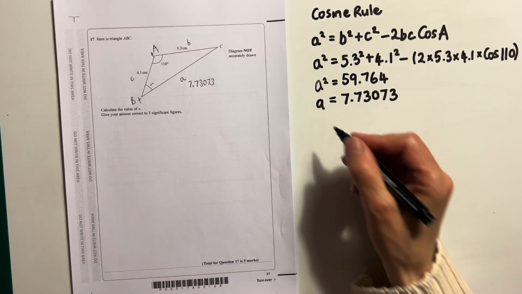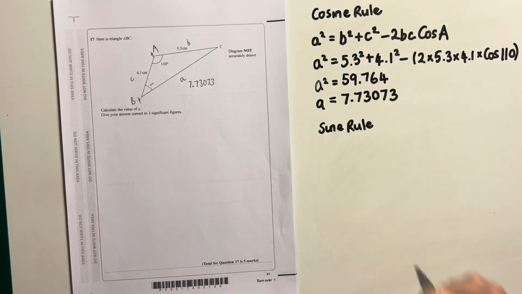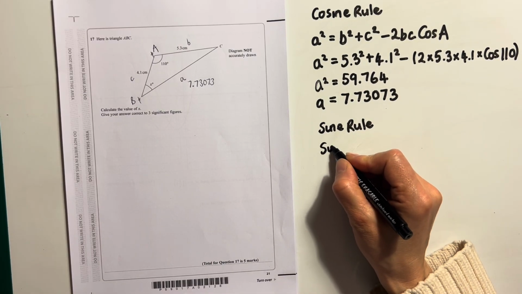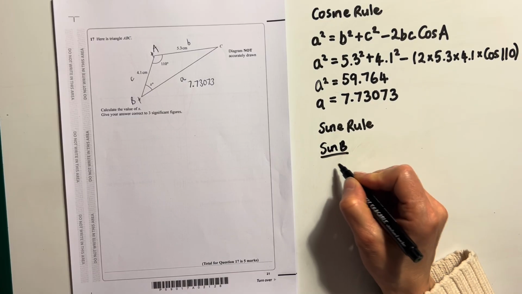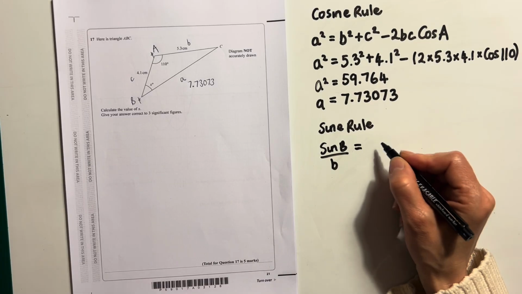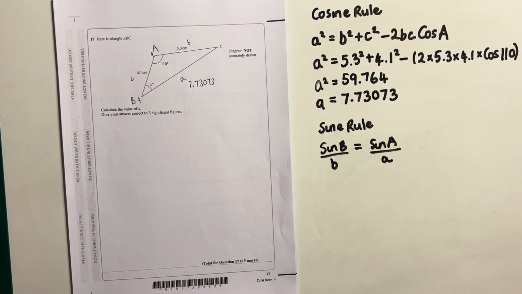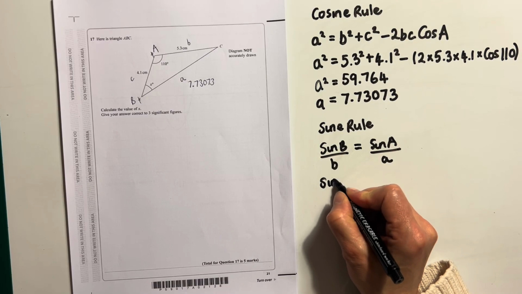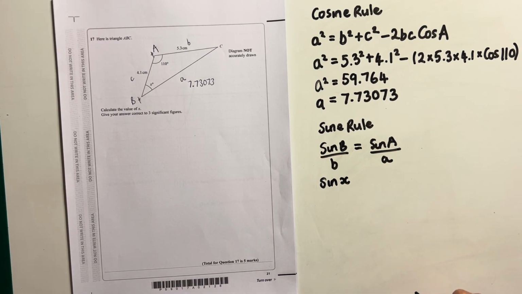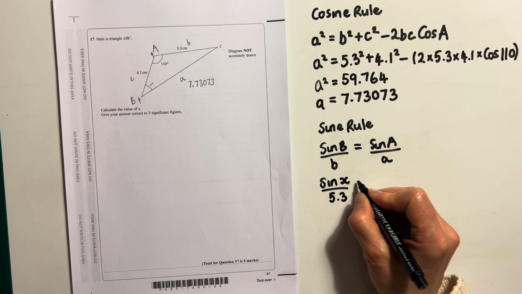That means we can now use the sine rule. The rule tells us that sine of the angle B over b is equal to sine of the angle A over the length a. Our angle B is our unknown x, and our length b is 5.3.